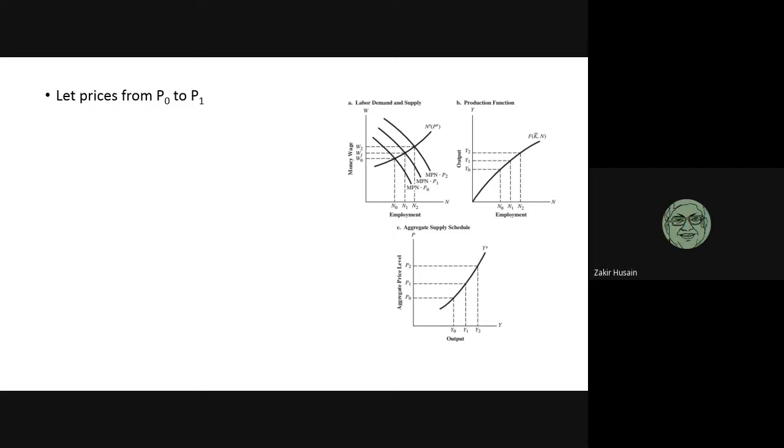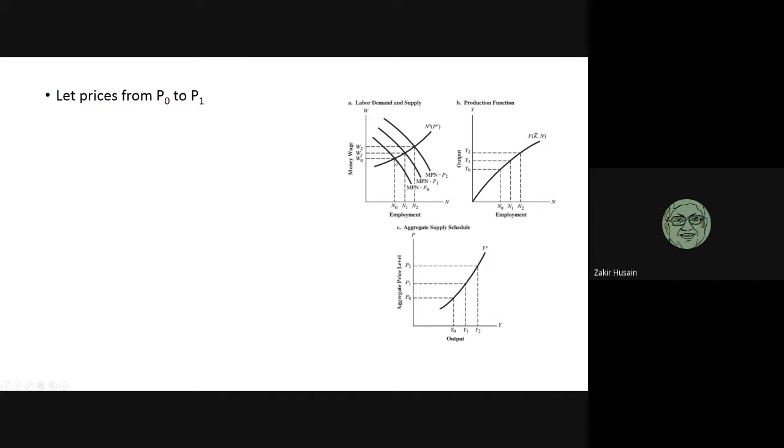Now suppose prices change from P0 to P1. This is the marginal physical productivity curve. I'm multiplying this by P0, so I get VMP 0. Now prices increase to P1, so the VMP curve will shift outwards.